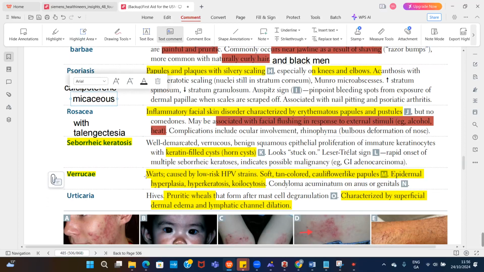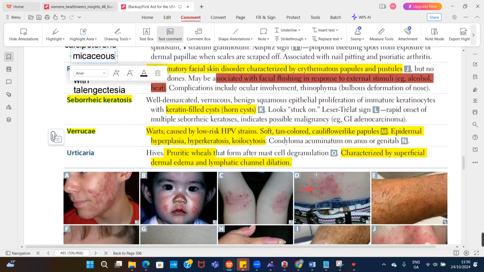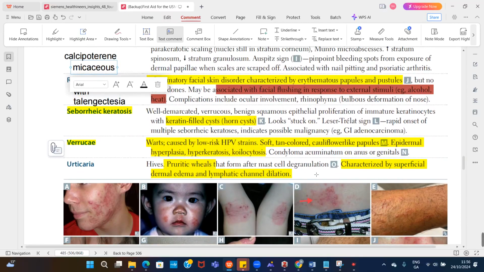And what basically happens in rosacea is that you have an inflammation of the skin, and usually they have erythematous papules and pustules, and just like they have there, there's no comedone because it's not acne. It looks like acne, but it's not acne. So that's why they put it here that you will not find comedones. What you need to hold on to is the trigger.